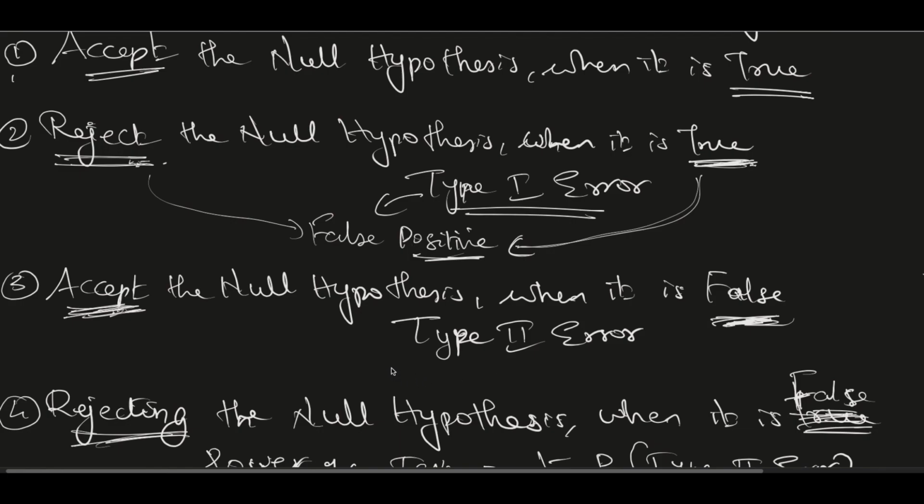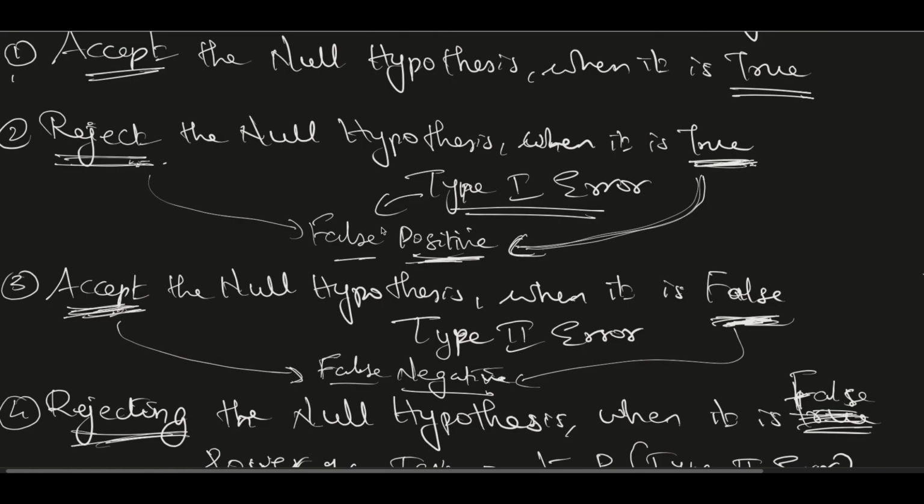Type 2 error is also called a false negative. False is negative, and what you have done is a wrong decision. So type 2 error is a false negative.